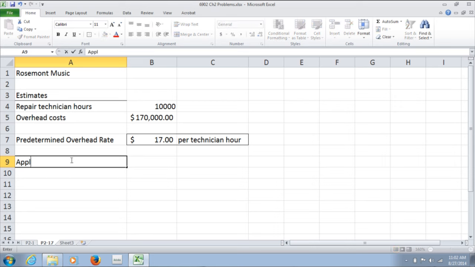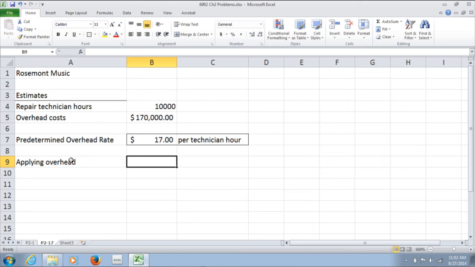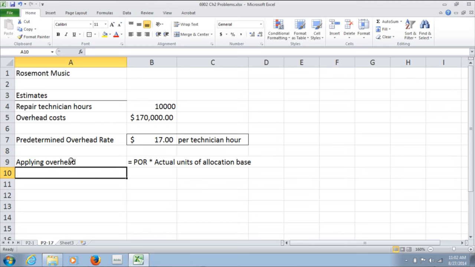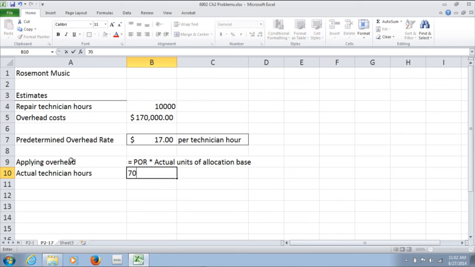So in terms of applying overhead costs, we take our predetermined overhead rate and multiply by actual units of allocation base. So here we need the actual units of the base. So actual technician hours worked during the year were 7,000.